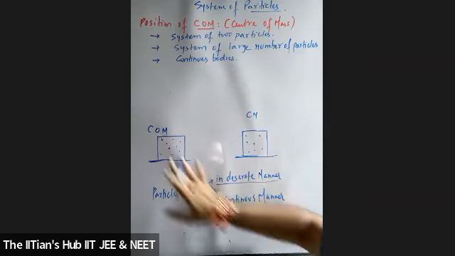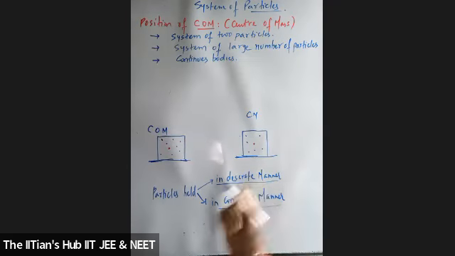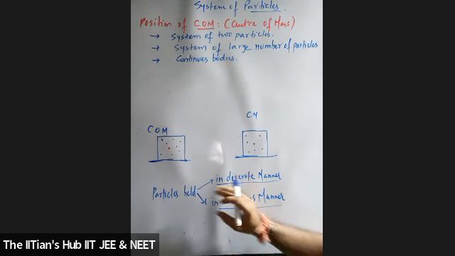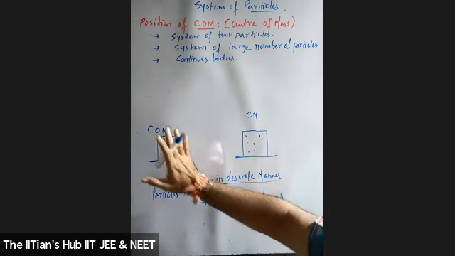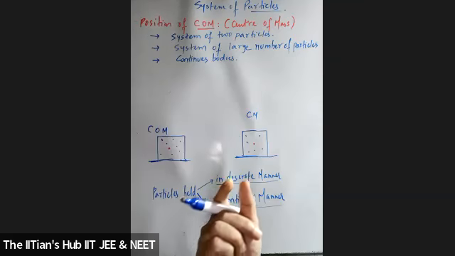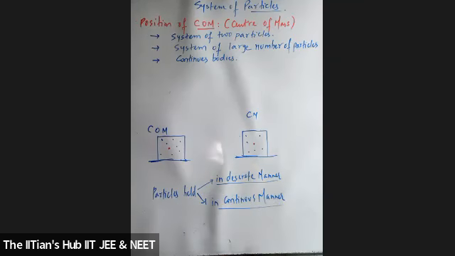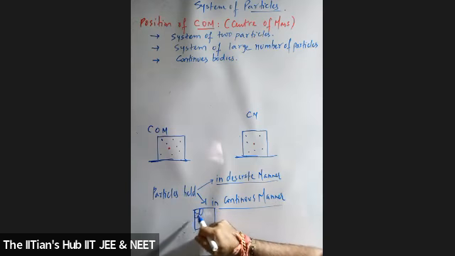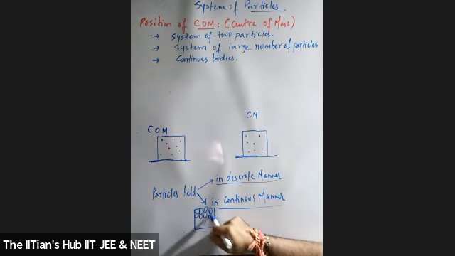Are these particles held in discrete manner or continuous manner? This you have to judge. Students, do you know what discrete manner means? Particles are scattered away from each other, having some intermolecular space. If I say continuous manner, that means the particles are very closely and compactly placed. So that is what we call continuous manner.